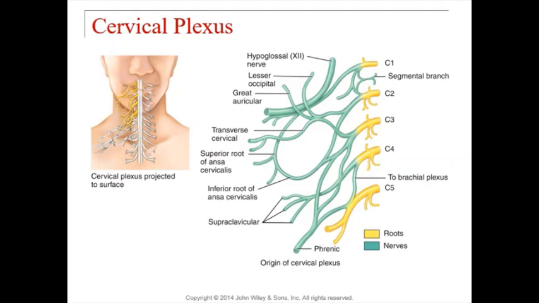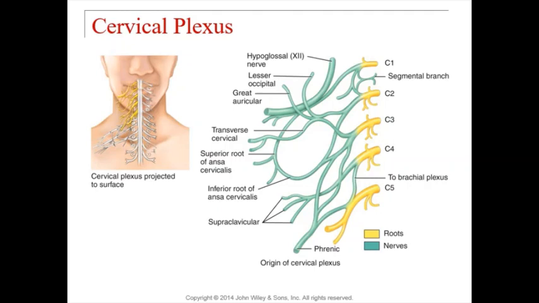So what are the different plexuses coming off the spinal cord? What are the different collections of spinal nerves? Well, they actually have names similar to regional terms. So just by naming the plexus, you might know where to find the nerves that are coming off the spinal cord. There's the cervical plexus, brachial plexus, lumbar plexus, and sacral plexus.